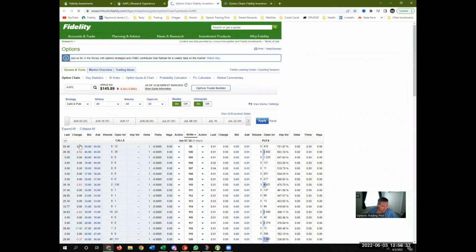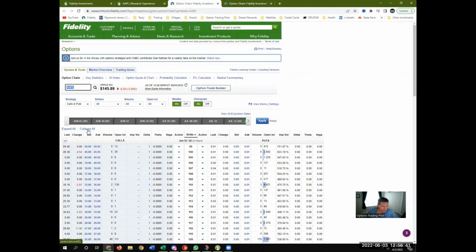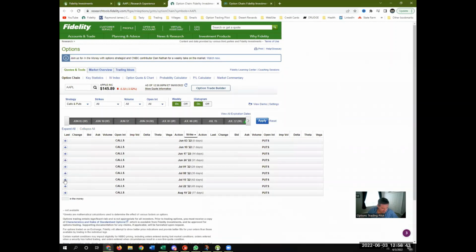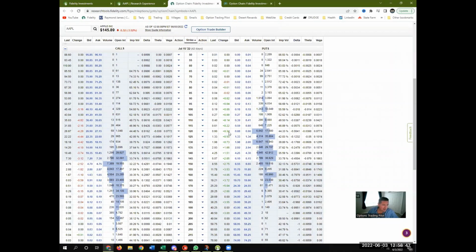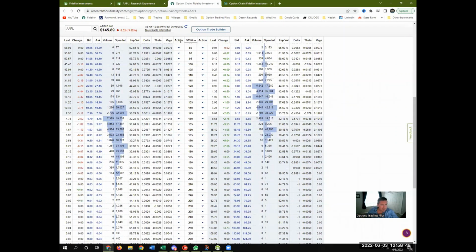Jumping over to Fidelity, it really doesn't matter what service you're looking at. They all pretty much look the same, or you can get them to look the same. So jumping over here on Fidelity, I have a few more columns. So again, it looks the same way. This shows the volume in this column for the day.